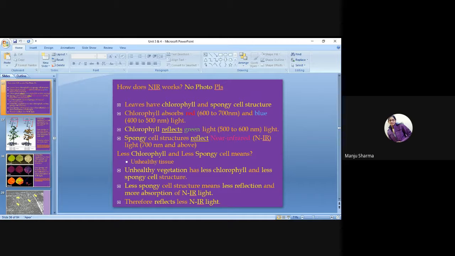The spongy cell structures reflect near infrared light, that is 700 nanometer and above.